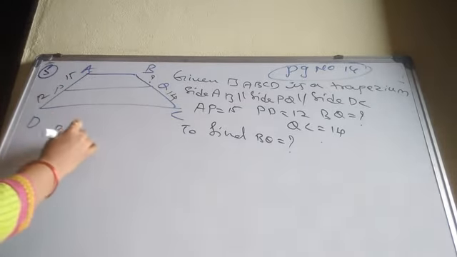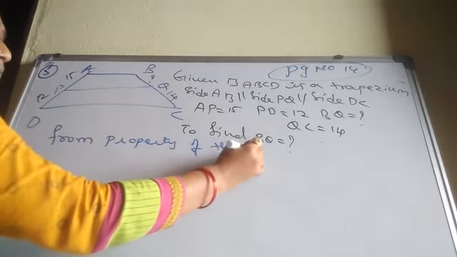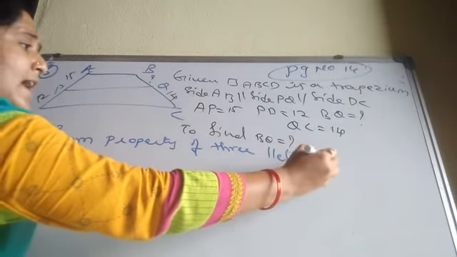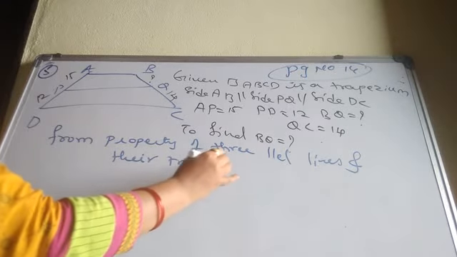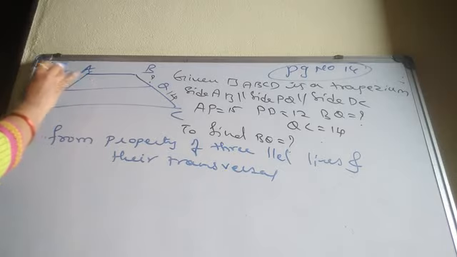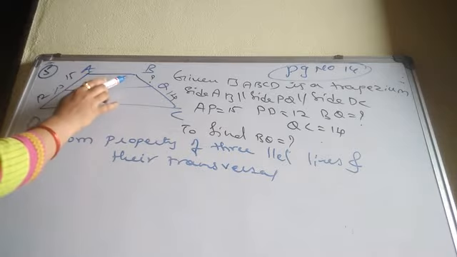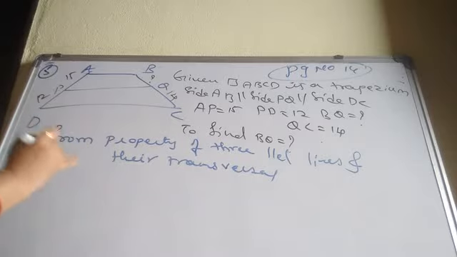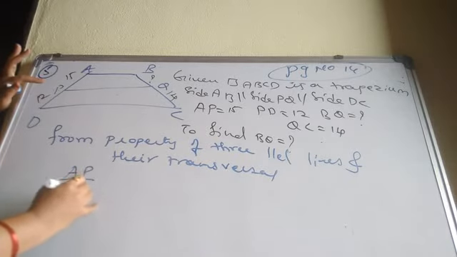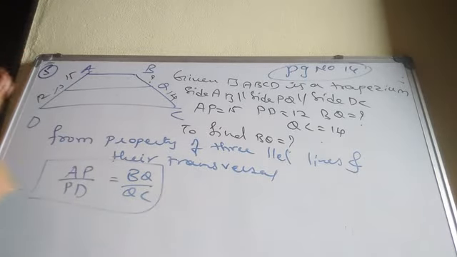From the property of three parallel lines and their transversals, the ratio of intercepts of a transversal is equal to the ratio of the corresponding intercepts of the other transversal. So the condition is AP upon PD equal to BQ upon QC. This is our main condition. Now we will substitute the values.